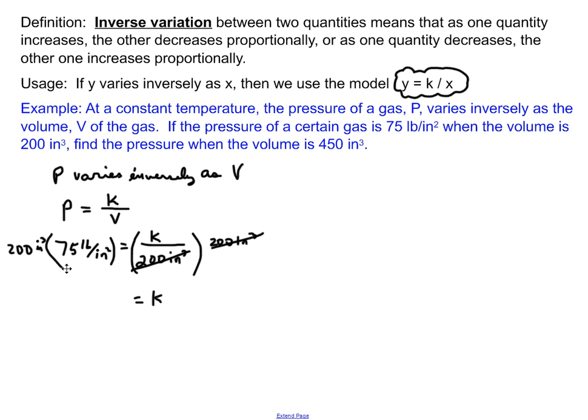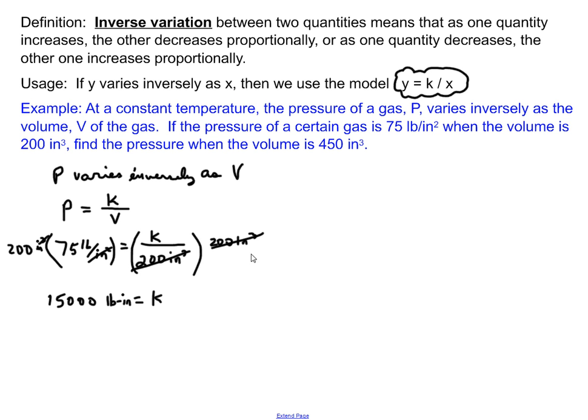So 75 times 200 is going to be 15,000. And of course, the inches cubed and inches squared cancel in a way that makes this look like the ratio pound inches, which is kind of an interesting unit, but okay, we'll go with it.